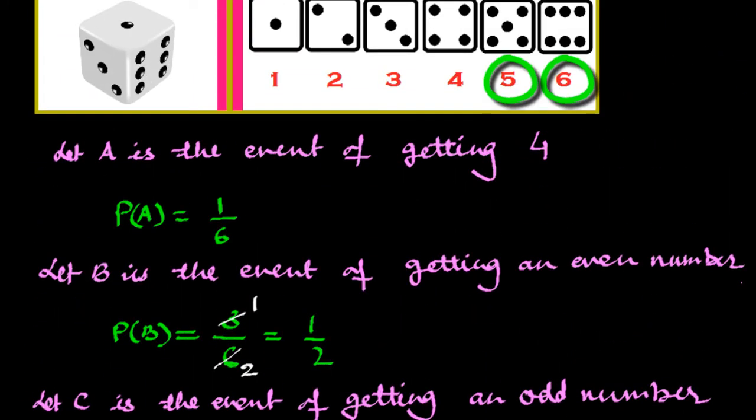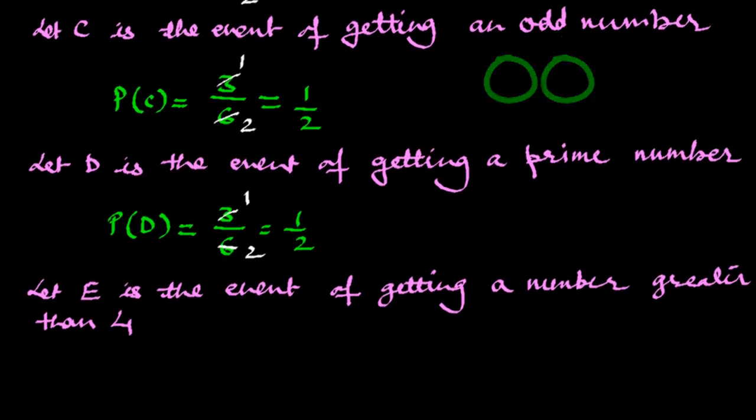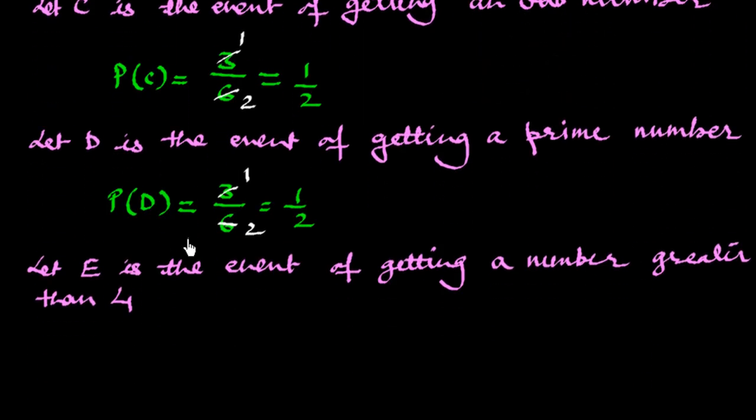We have only 5 and 6 in this sample space. So we have only 2 favorable outcomes. So the probability of E is 2 over 6, and dividing by 2, we get 1 over 3, the probability of getting a number greater than 4 on a single dice.